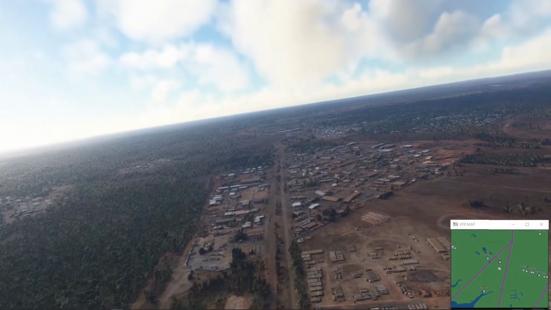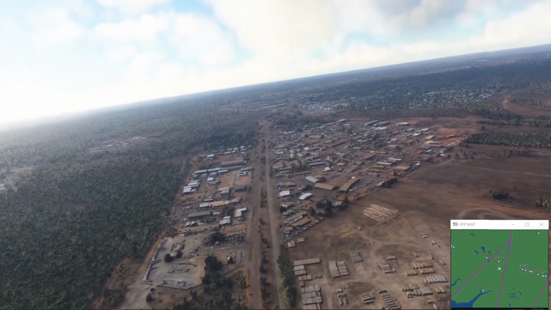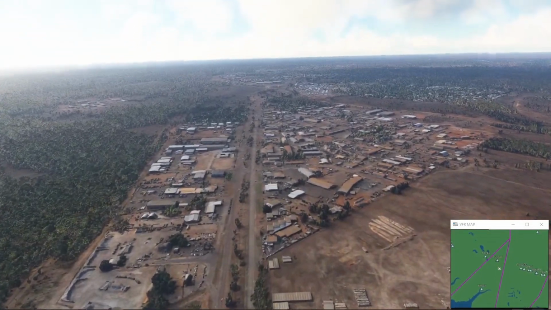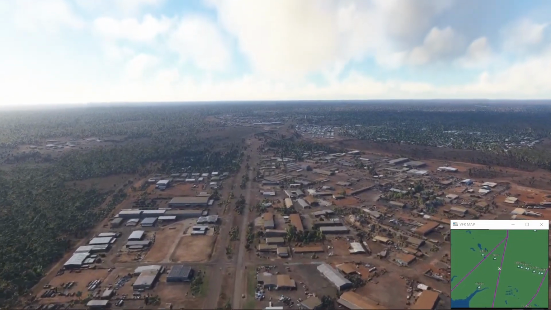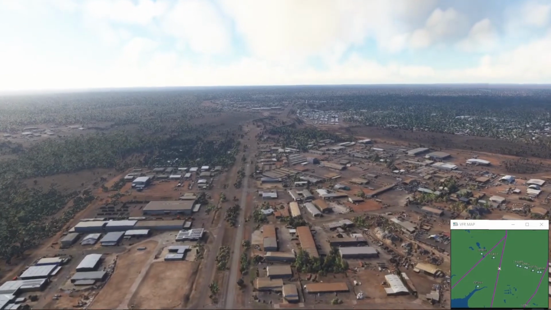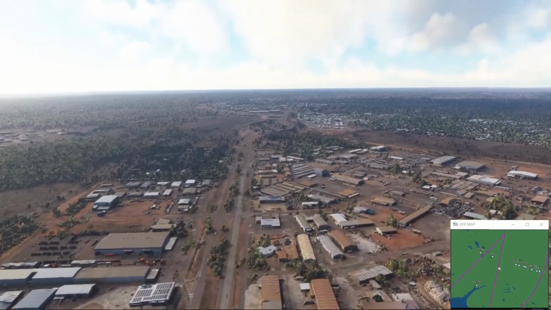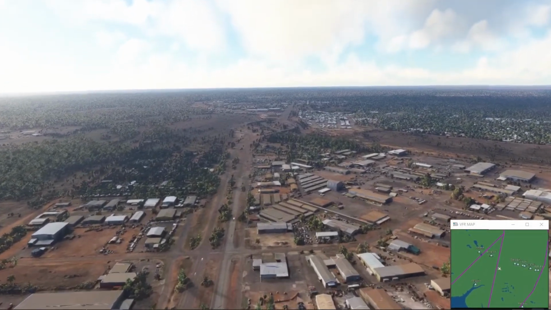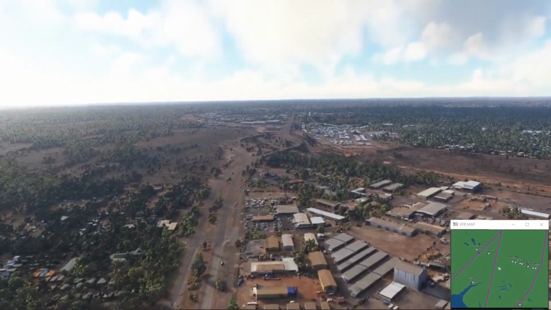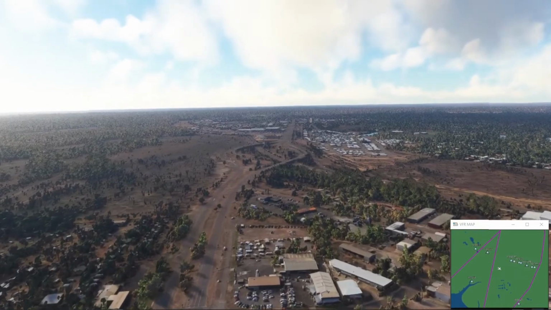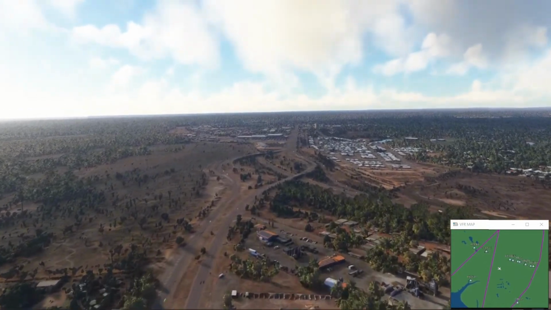We're just passing Palmerston City. Originally, Darwin used to be called Palmerston after the British Prime Minister Lord Palmerston, and it was renamed in 1911 to Darwin. And let's keep heading southeast and following the Highway 1 for now.